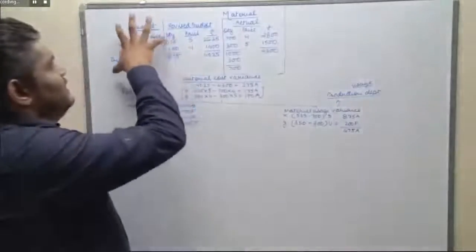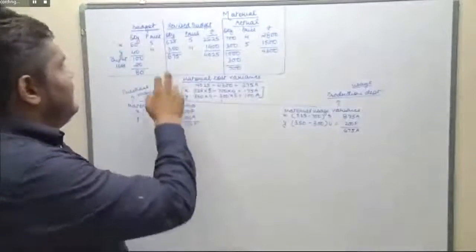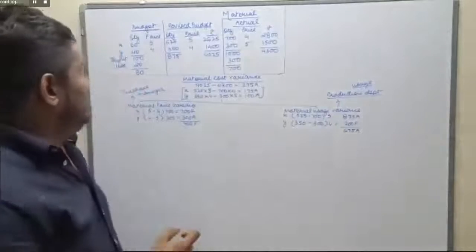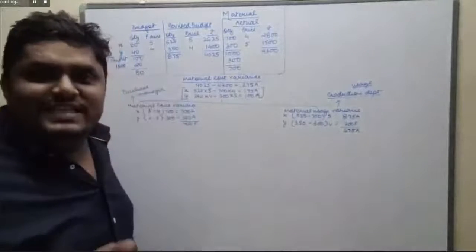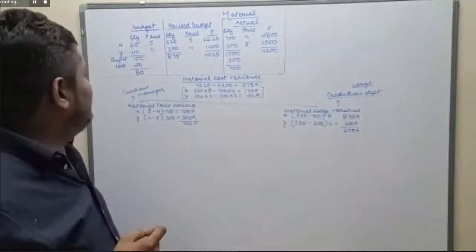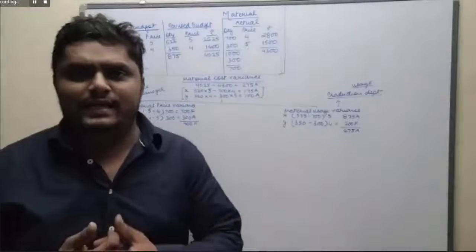Now, what Shamim observed is that this was the budget given by the management, wherein two types of raw materials are used, X and Y. X is used 60 kgs, Y is used 40 kgs. The total input is 100. There is a loss of 20 kgs and the output is 80.